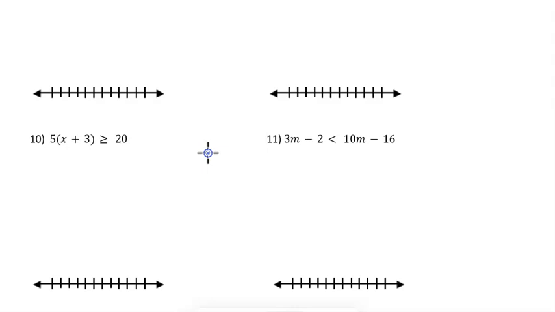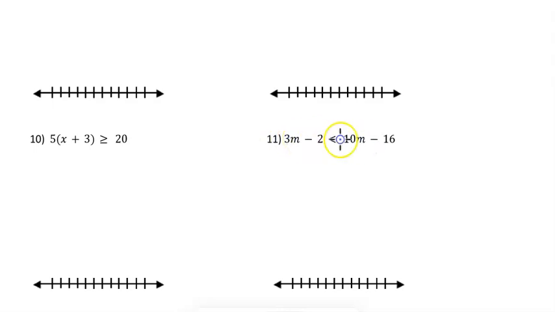The second one is that if you multiply or divide by a negative number on both sides, you have to flip the symbol. So we're going to approach this, other than those 2 things, just like we would with an equation.